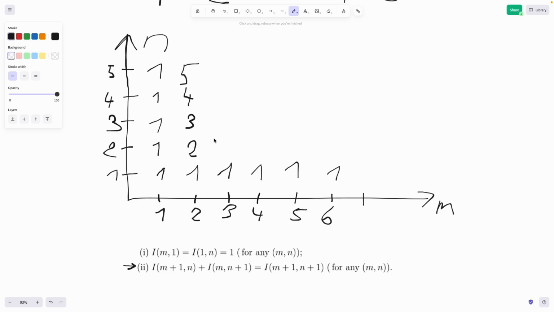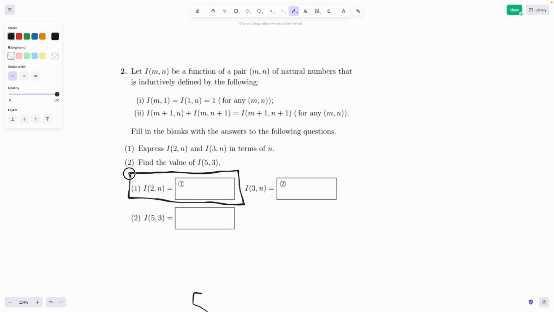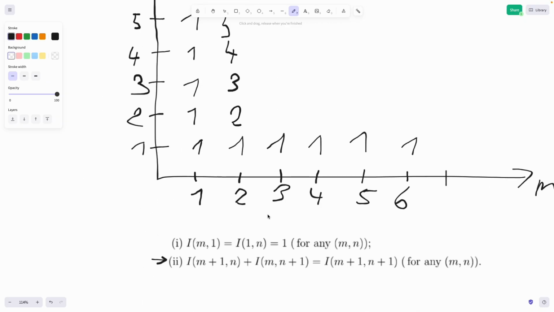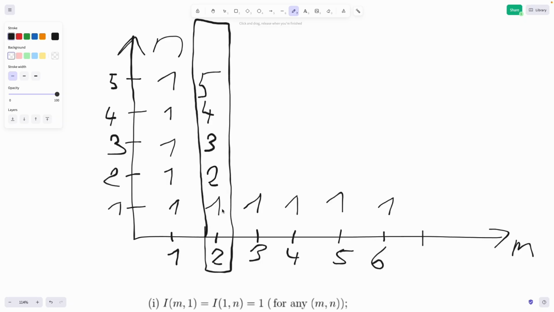So before we continue, we actually already have an answer, question 1, which asks to express I at 2n in terms of n. So let's take a look at I at 2n. I at 2n means we're locking in m, the m index, at 2. So we'll have this column here, and let's take a look at the values here.